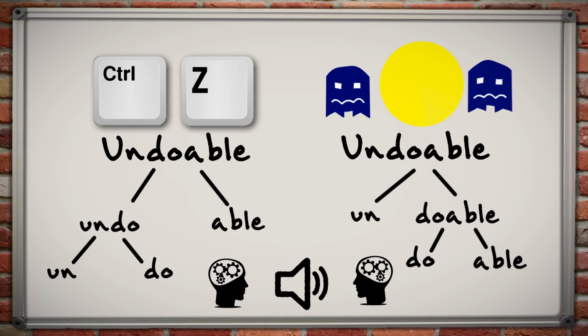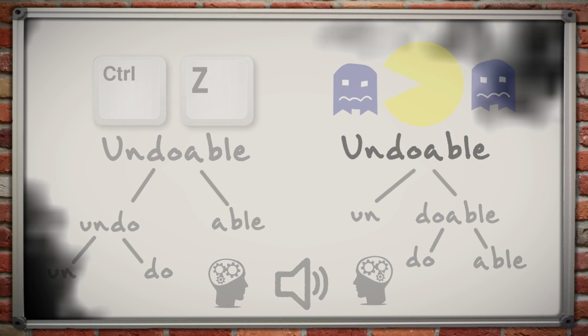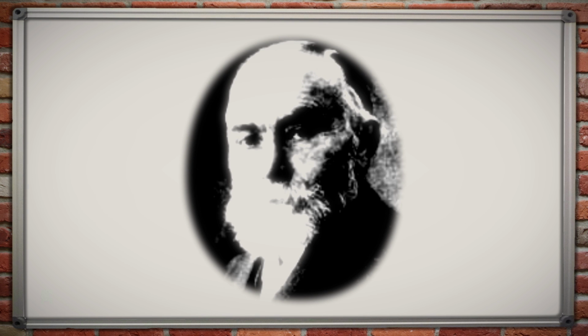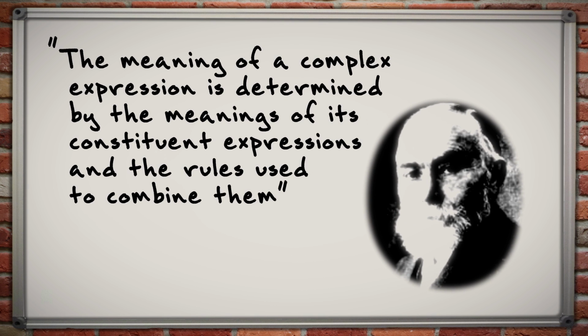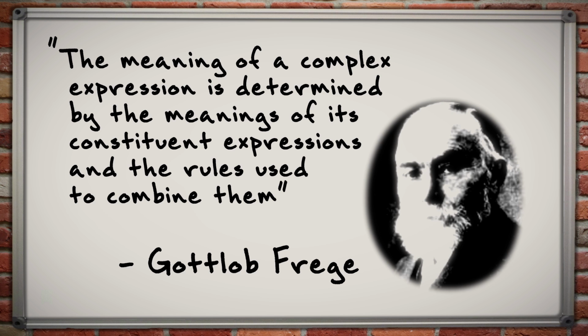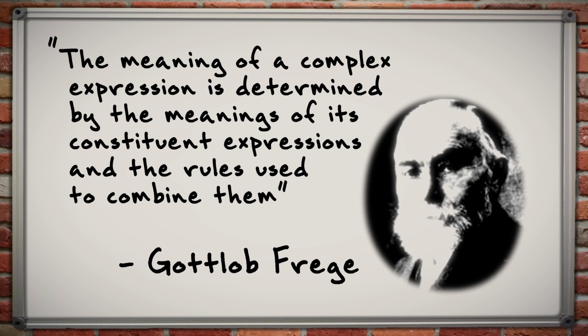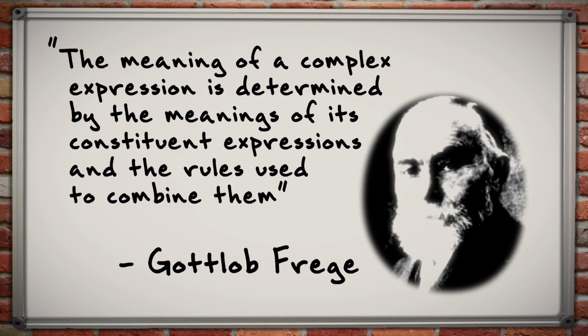This seems obvious once you say it, but sometimes even the obvious has to be pointed out. This particular obvious thing was pointed out by Gottlob Frege, a German philosopher. The meaning of a complex expression is determined by the meanings of its constituent expressions and the rules used to combine them. That's exactly what we just found.